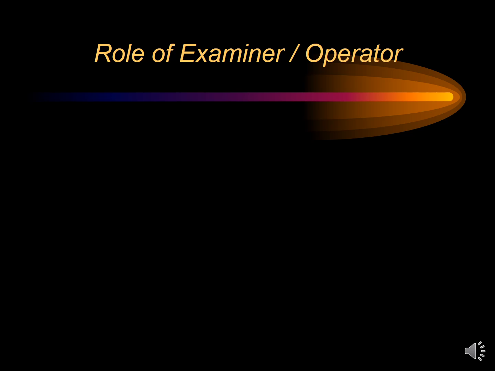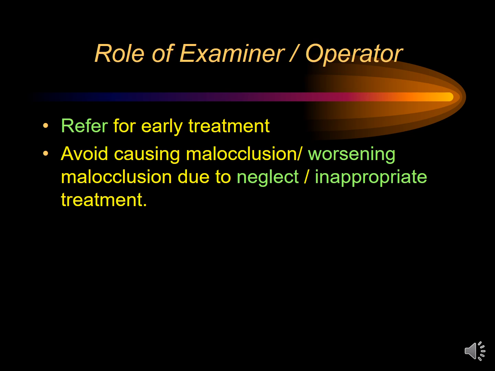Now, these are some of the procedures that can be done as an interceptive measure, and the role of the examiner or the operator, especially a non-specialist, is that they should recognize developing or established malocclusions early and refer to a specialist unit for early treatment.